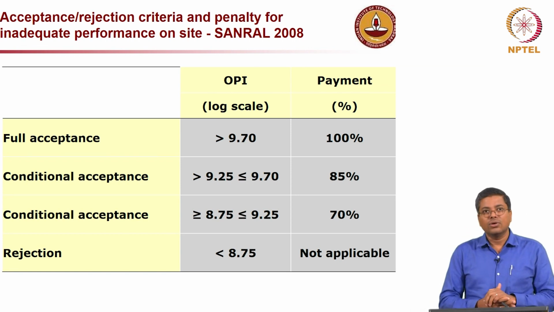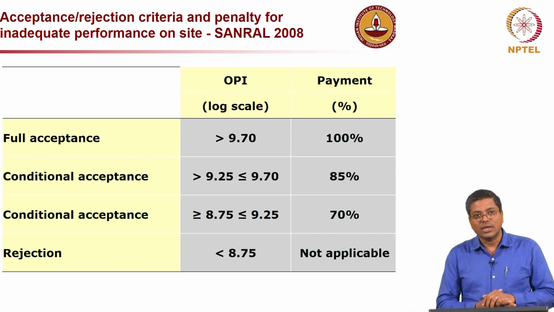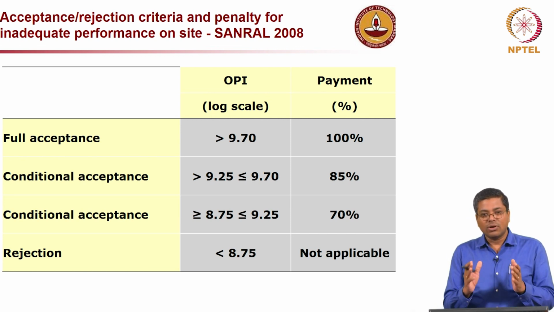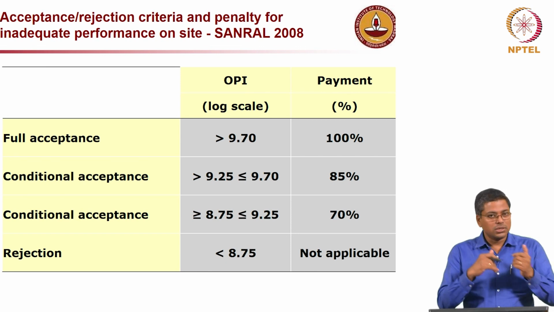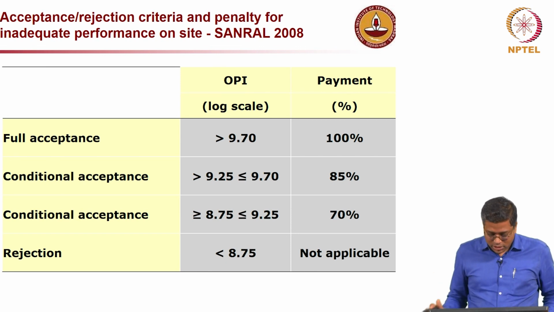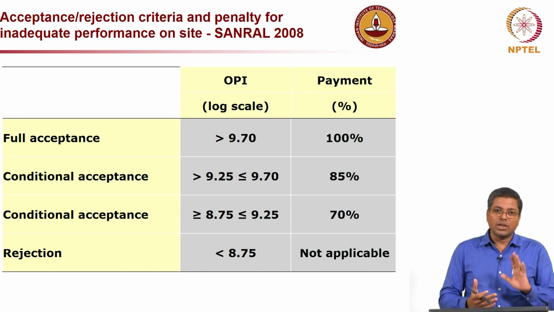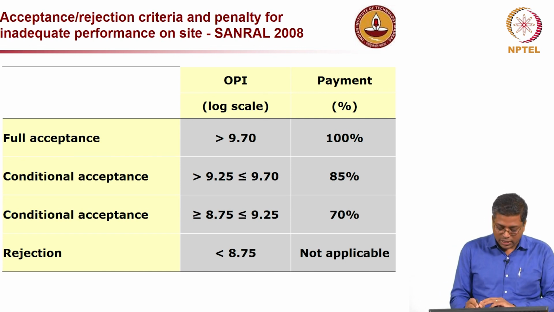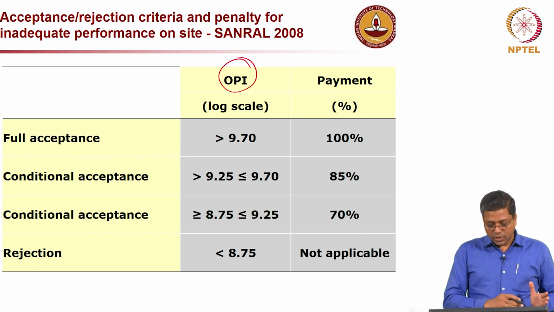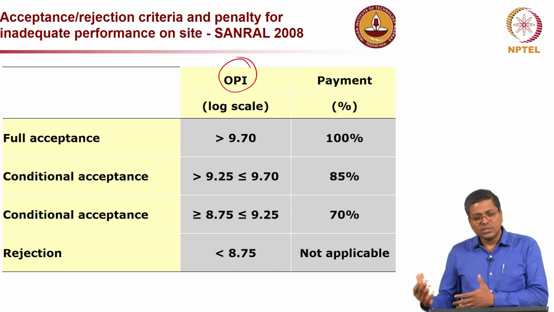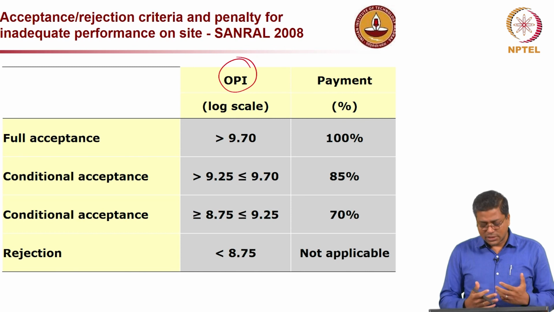This is a criterion which was written in the contract document itself. Whether it is for new construction or a repair project, you give a contract document with some criteria. This is an example with an oxygen permeability index criterion, but you can develop similar criteria based on other tests also.